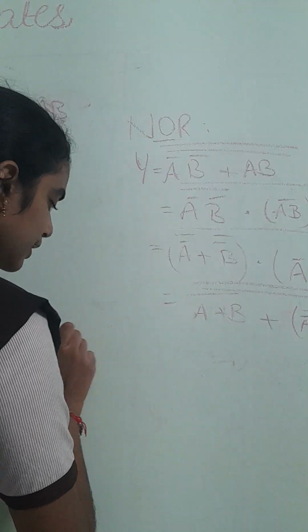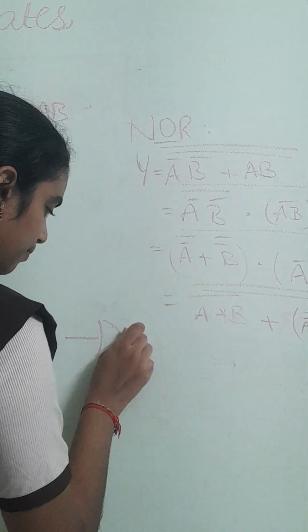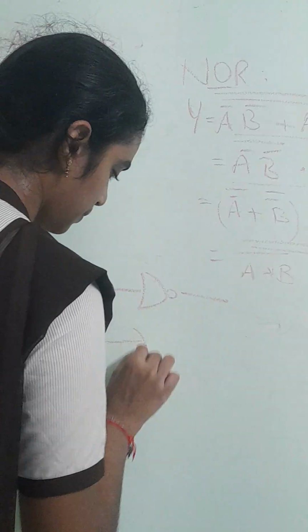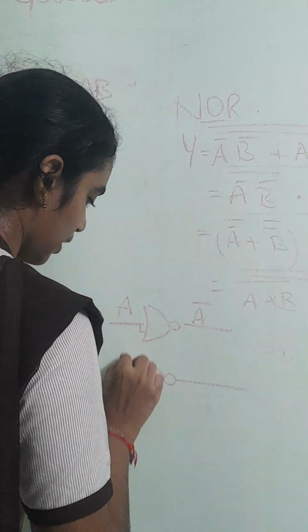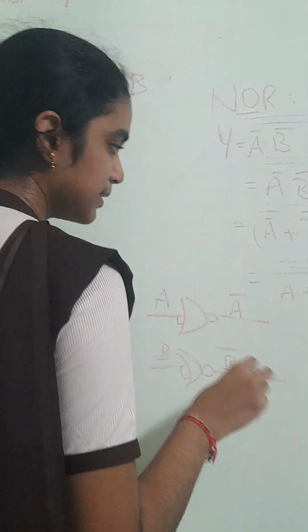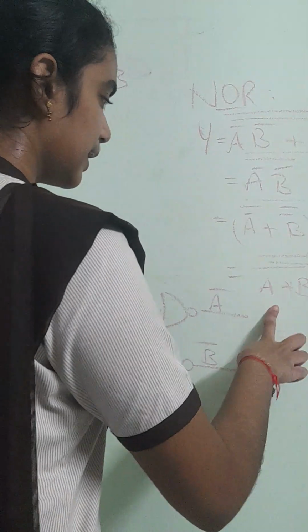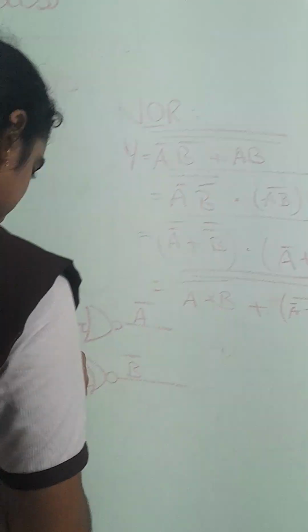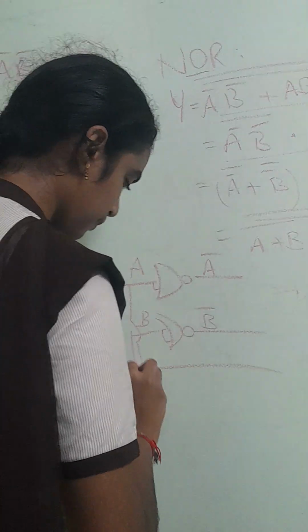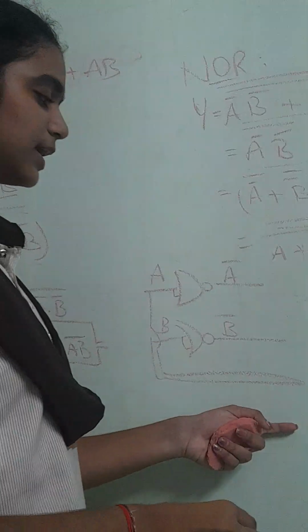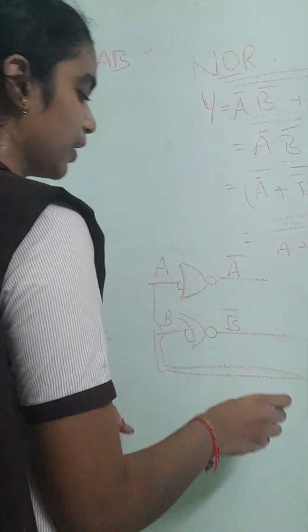So let me take A bar and then B bar. So this is A bar and B bar. So now we are taking AB. Sorry, AB. So let me connect these two using NOR gate.